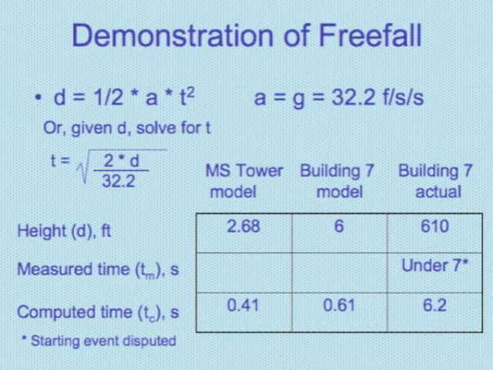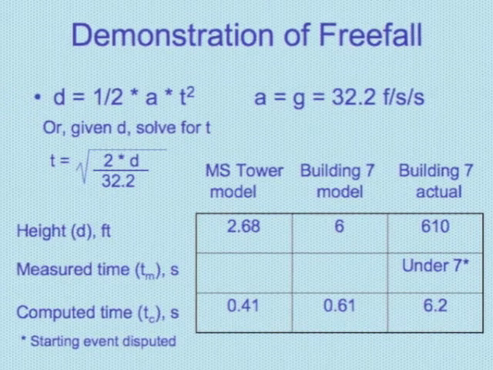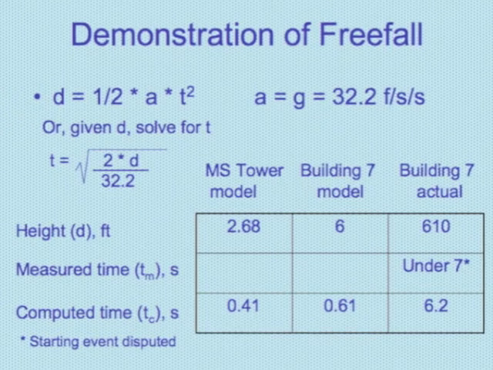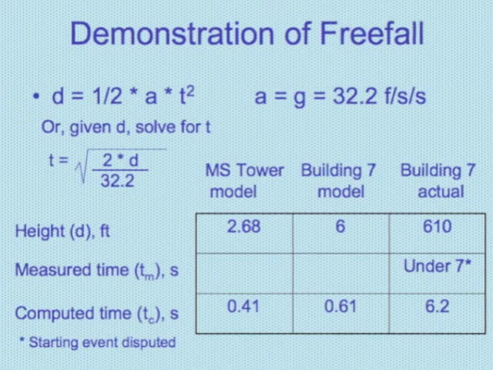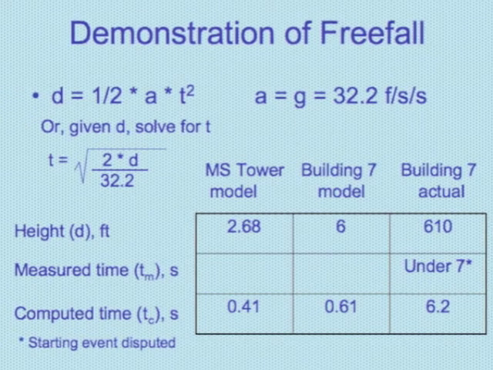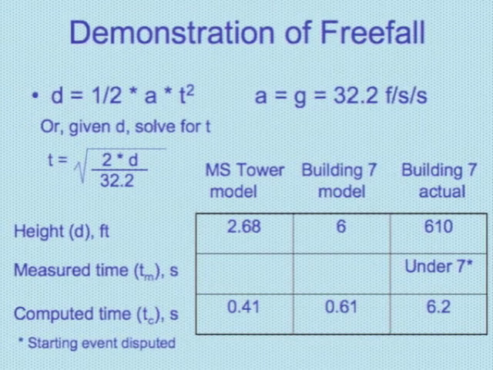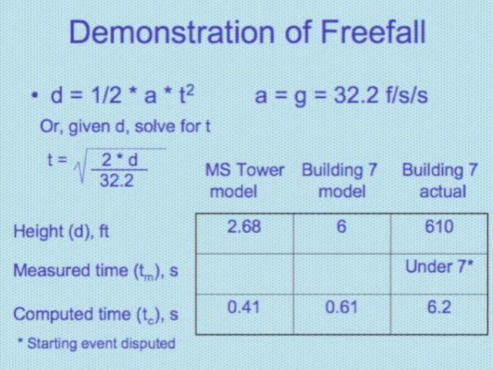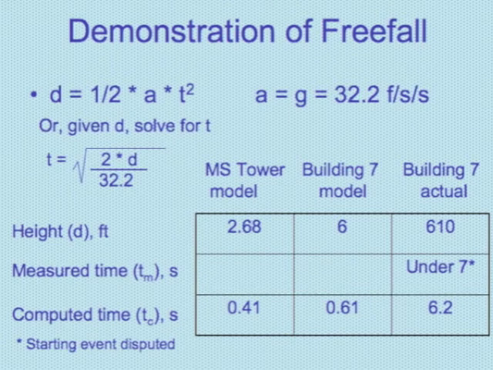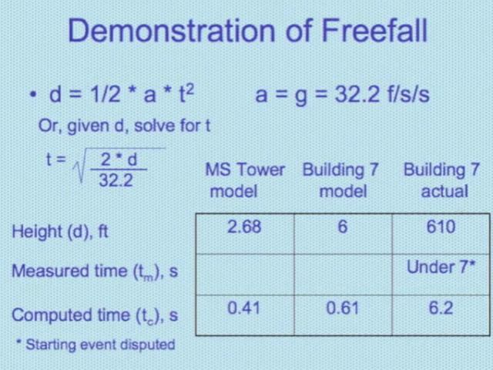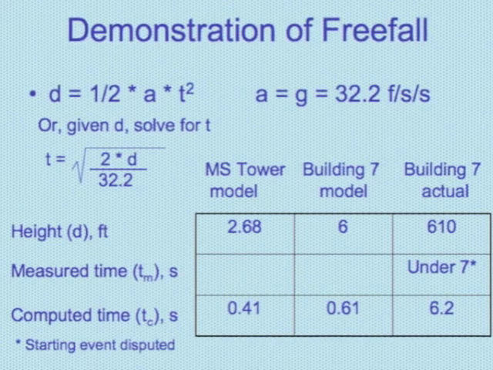t equals the square root of 2d over g, and then I plugged in this number 32.2, which is the number for gravity. If we're on the Earth, which we are, then the number is 32.2. It's a simple equation that can be used to figure out how long it should take in free fall.